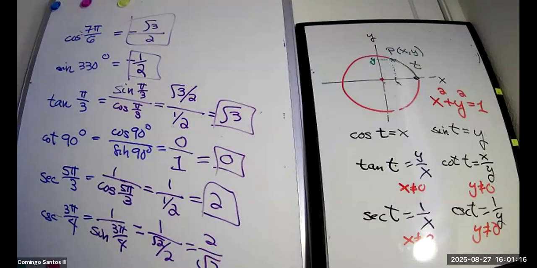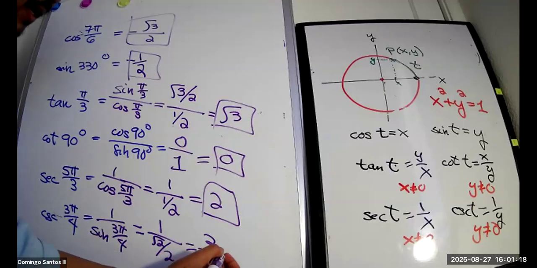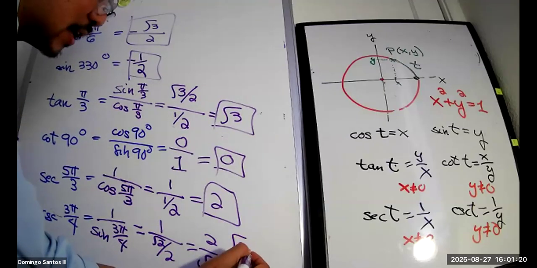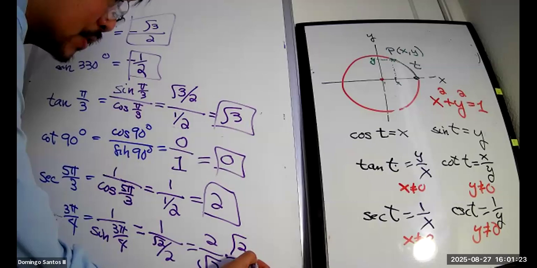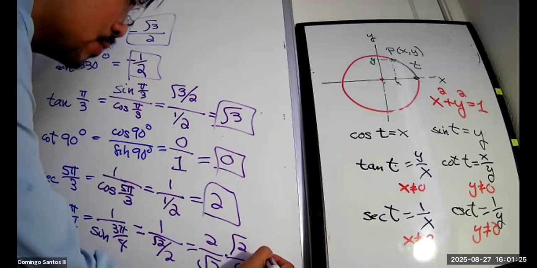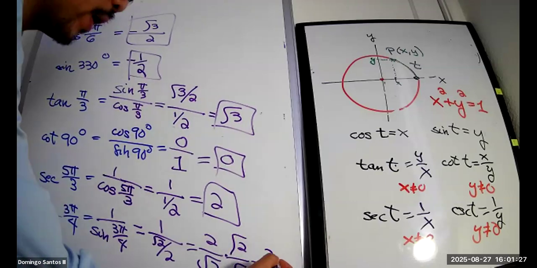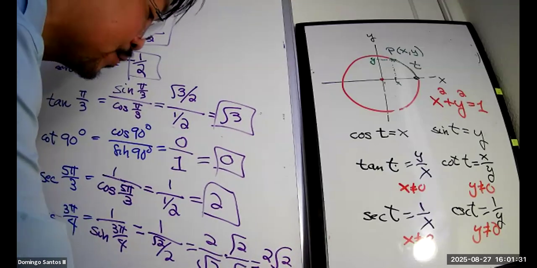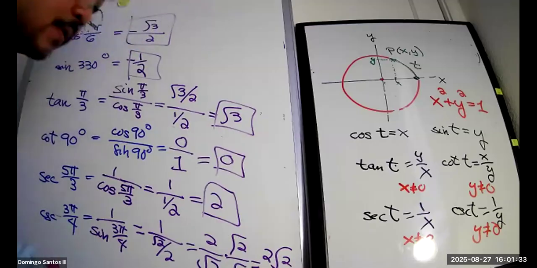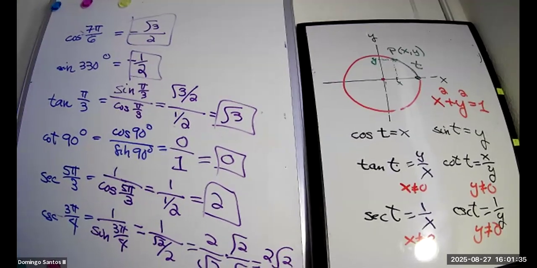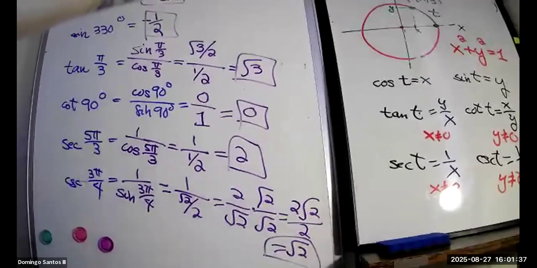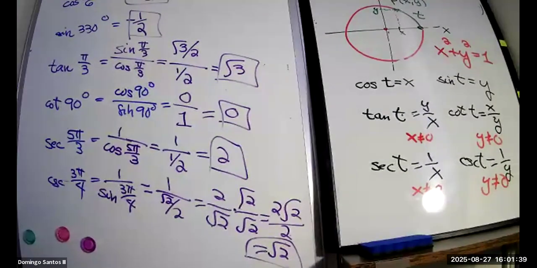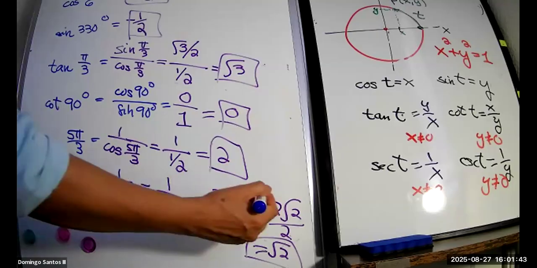And usually you don't want radicals in the denominator, so you just rationalize this one. So this is equal to 2 square root of 2 over 2. So you're just left with square root of 2, because this cancels out actually.